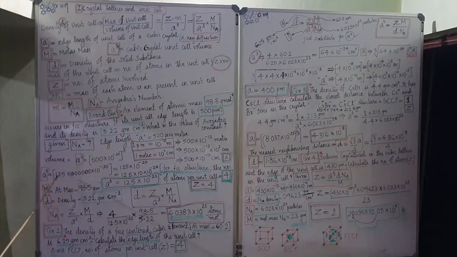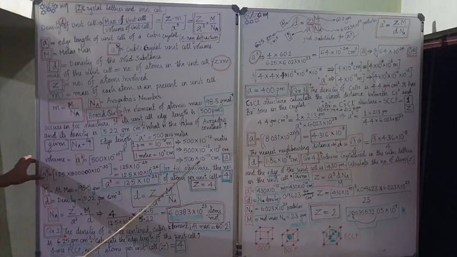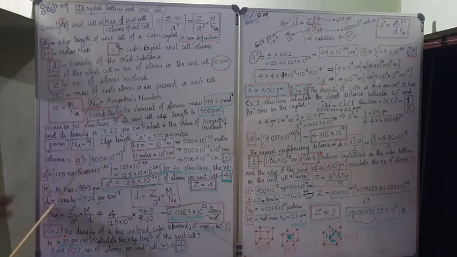Now a cube is to be found out. A cube means the whole thing: 500 into 10 raised to minus 10, the whole cube. 5 into 5 is 25, 25 into 5 is 125. Then 100 into 100 into 100 has 6 zeros, into 10 raised to minus 10 the cube.